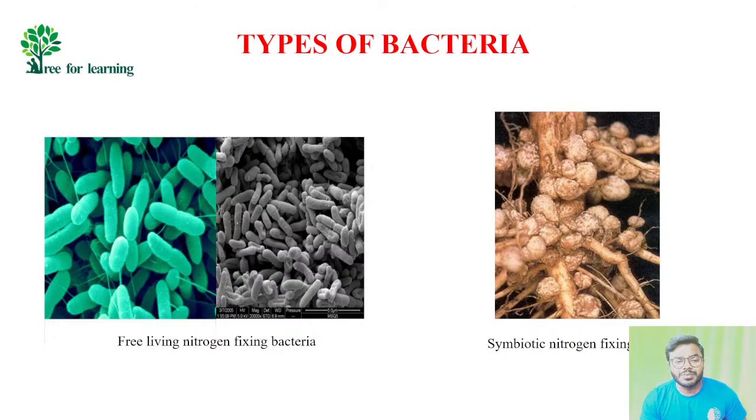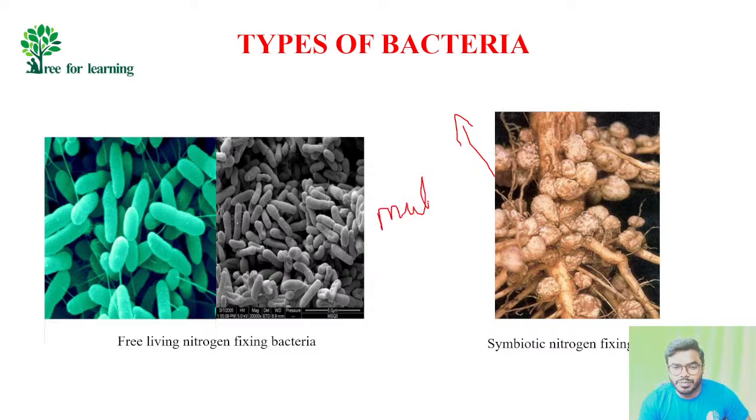Types of bacteria. There are two types of bacteria, friends: free living nitrogen fixing bacteria, as well as symbiotic nitrogen fixing bacteria. All the students try to understand what I am talking about. What is a free living nitrogen fixing bacterium and a symbiotic one? You all know that, we read it many times. Symbiotic means the bacteria always maintain what kind of association?